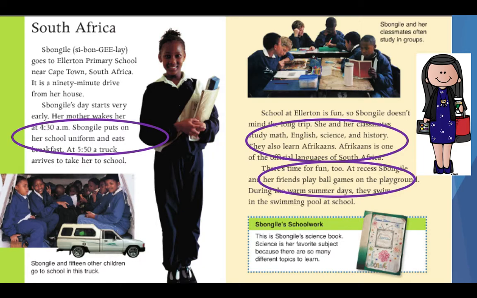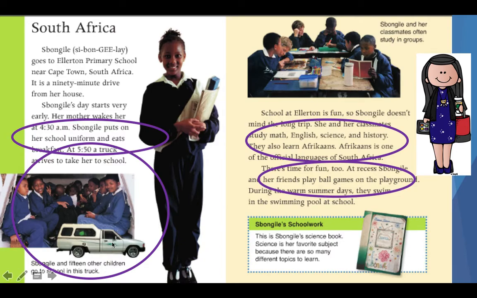Something else I noticed while I was reading was looking at this picture, and look how squished they look in that car. Do you guys ride to school like that? I think this is an interesting detail as well, and it also kind of looks like a challenge. I think that would make going to school a little bit harder. If I look at my caption, it says that the girl, Sibangile, and 15 other children go to school in this truck.